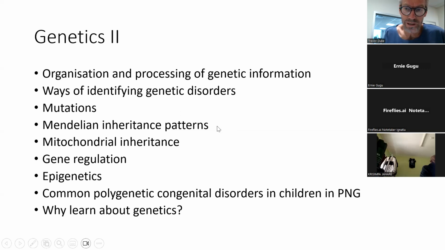Last week we talked about Gregor Mendel, the Austrian monk who grew peas and identified the first inheritance patterns of autosomal dominant and autosomal recessive conditions.